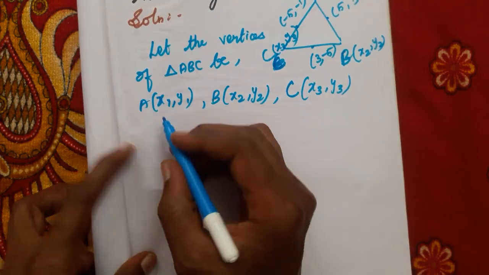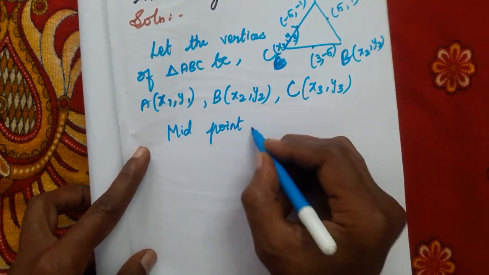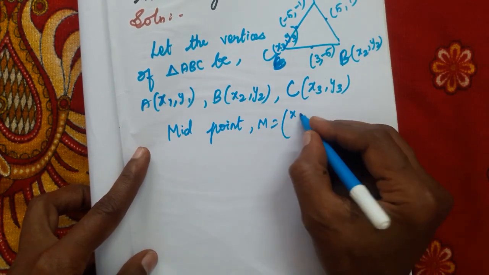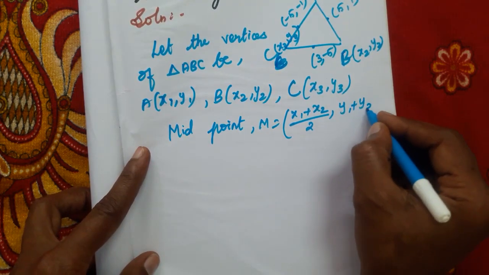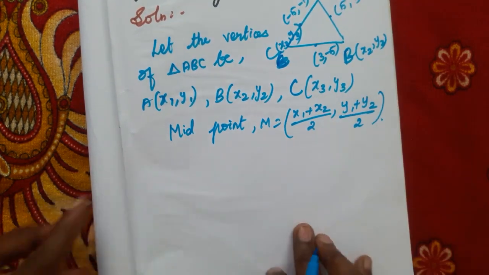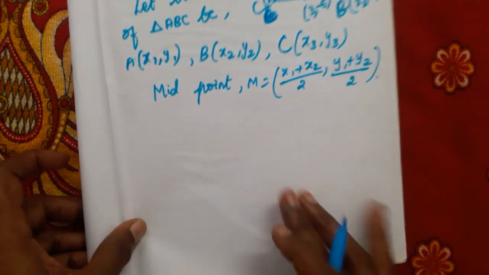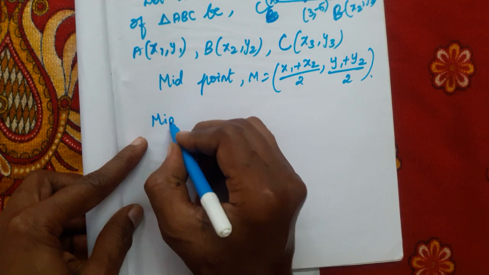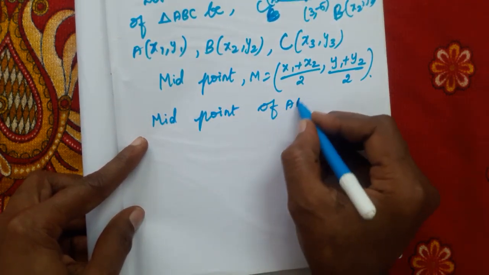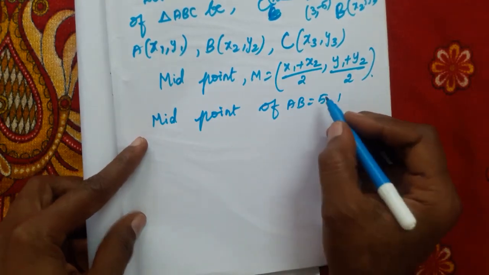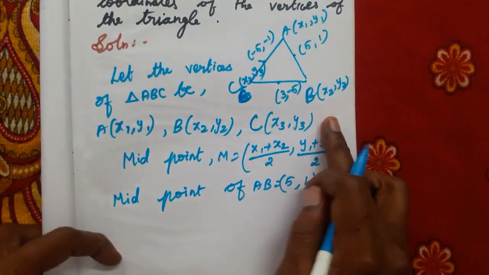What is the formula for midpoint? Midpoint M is equal to ((x1 + x2)/2, (y1 + y2)/2). Now the midpoint of AB is equal to (5, 1).